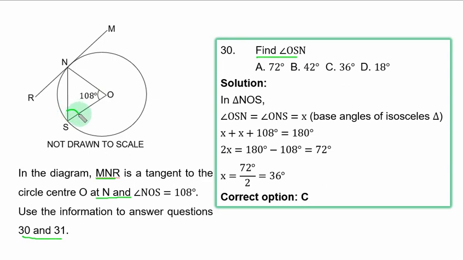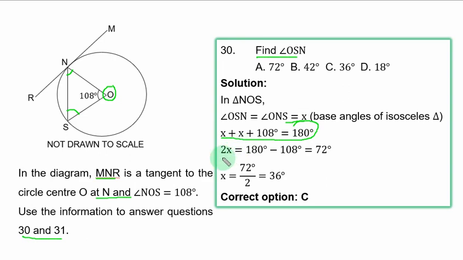Now in triangle NOS, since O is the center, it means ON and OS are radii. By that reason, triangle NOS is an isosceles triangle, and the base angles are equal. So let the base angles be s. If you add the three angles in that triangle, the sum is 180 degrees.